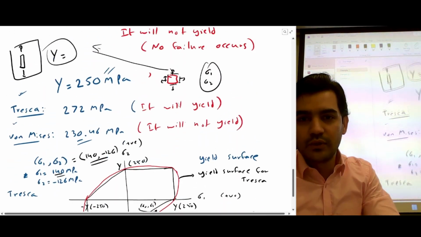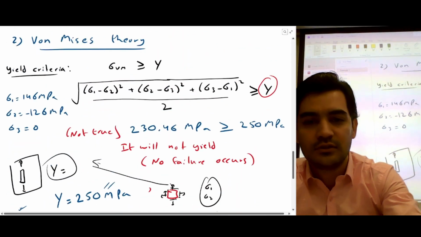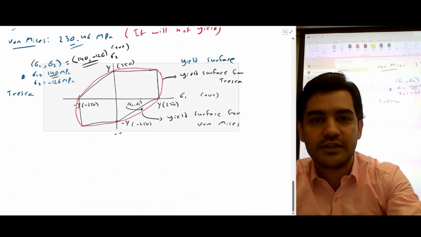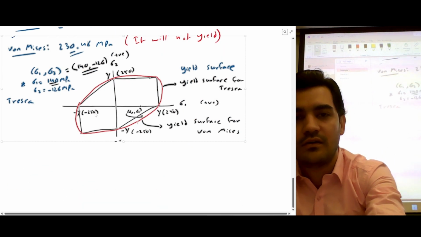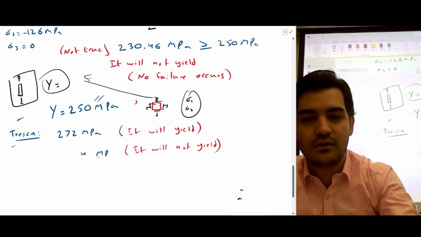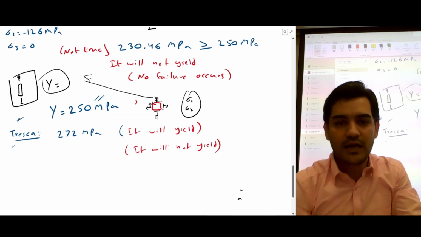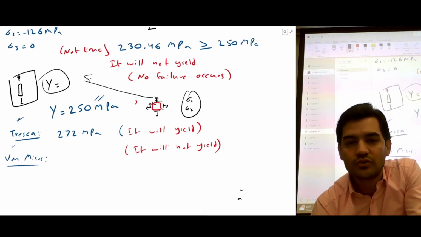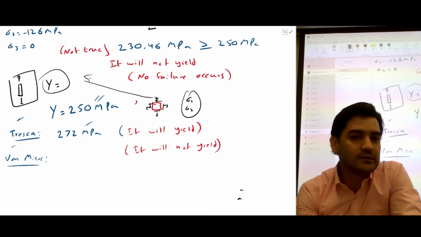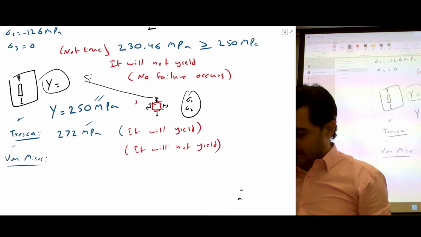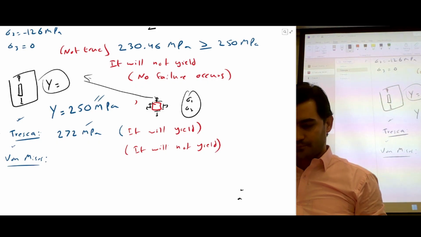So what we can do is draw yield surfaces. Last time, this is what we did, right? We had Tresca and we had von Mises. Tresca says our stress is 272 and it suggests yielding, right?